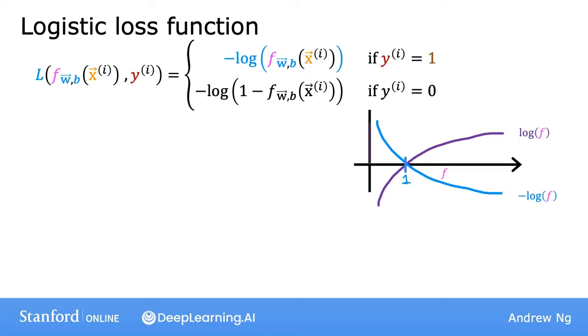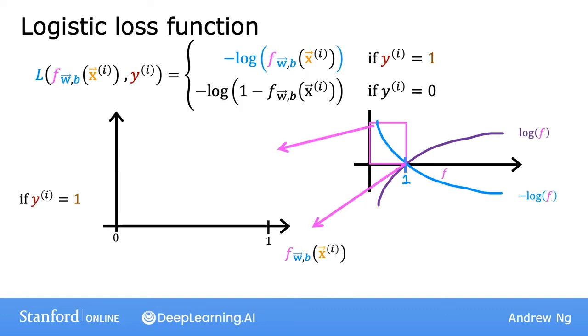Now f is the output of logistic regression. Thus, f is always between 0 and 1, because the output of logistic regression is always between 0 and 1. The only part of the function that's relevant is therefore this part over here, corresponding to f between 0 and 1. So let's zoom in and take a closer look at this part of the graph.